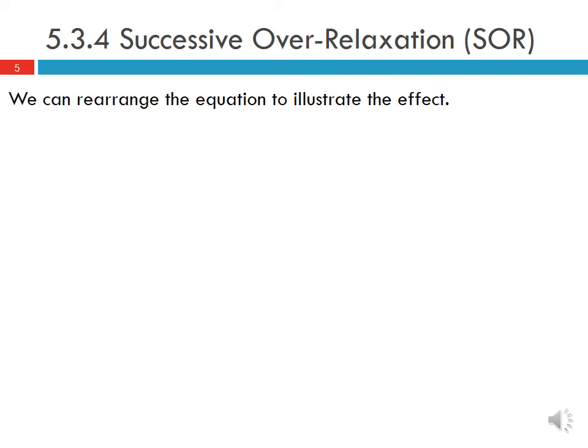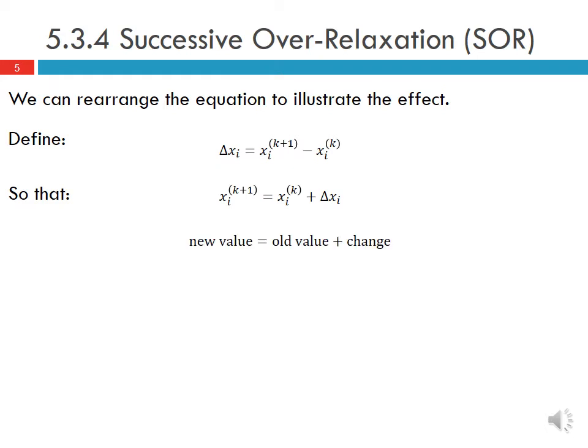We can rearrange the equation to illustrate the effect. So if we define delta xi as xi at iteration k plus 1 minus xi at iteration k, so that xi at iteration k plus 1 is equal to xi at iteration k plus delta xi. So our new value is equal to our old value plus some change delta xi.